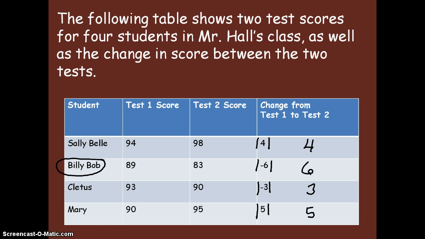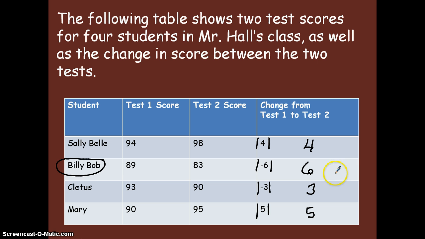Now, some people might look at this and think, well, he changed by negative 6, but when we're looking at absolute change, we're not saying who improved the most or who improved the least. We're asking who changed the most. And because he changed by 6, even though it was going down by 6, still yet he changed the most. So Billy Bob in this case would have changed the most.